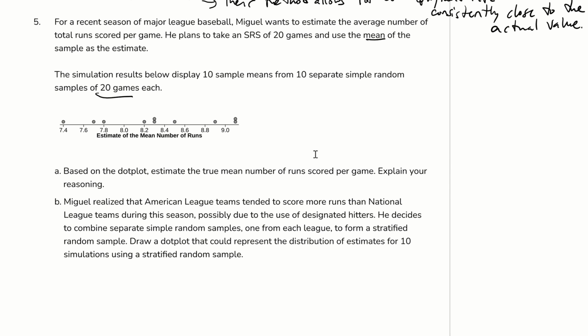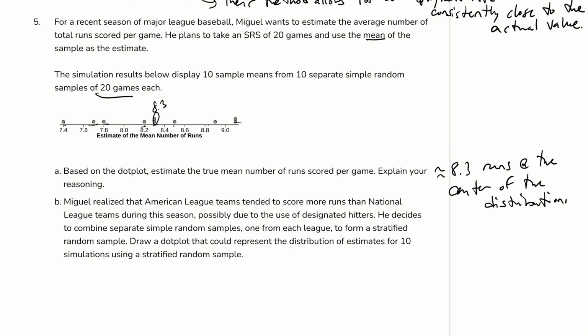Okay, so we're going to go ahead and find the center of this distribution. So the center of this distribution is 1, 2, 3, 4, 5, 6, 7, 8, 9, 10. There's 10, so the center is right here, right? So this is the center of the distribution, which is 8.3. Okay, so we're going to say approximately 8.3 runs at the center of the distribution.